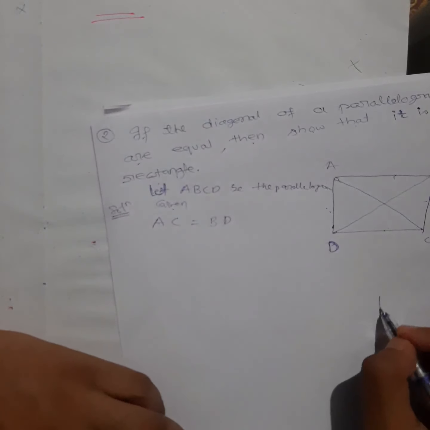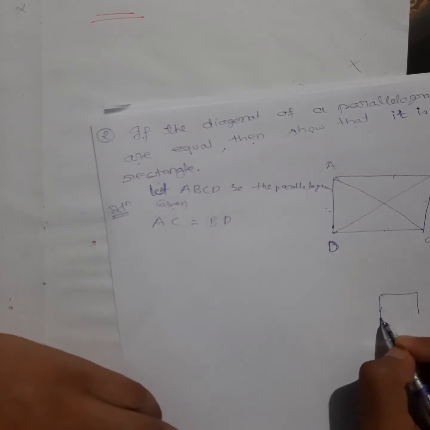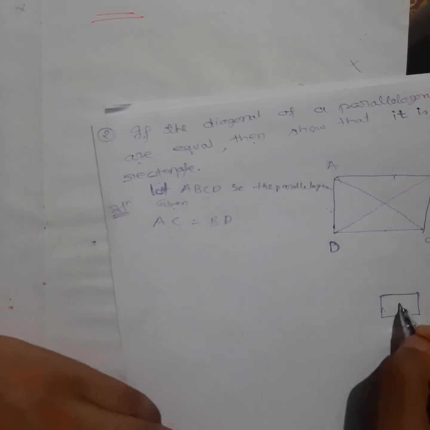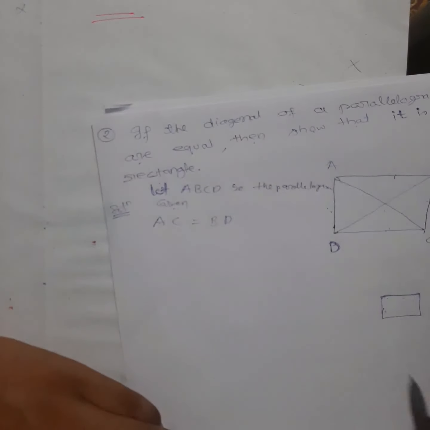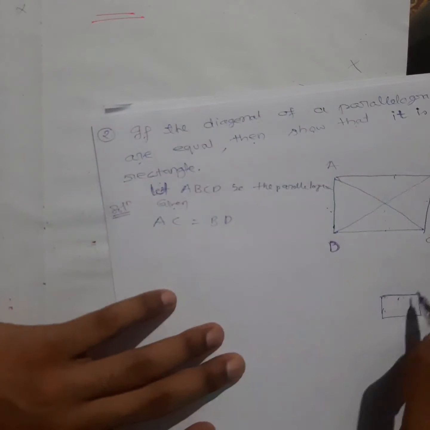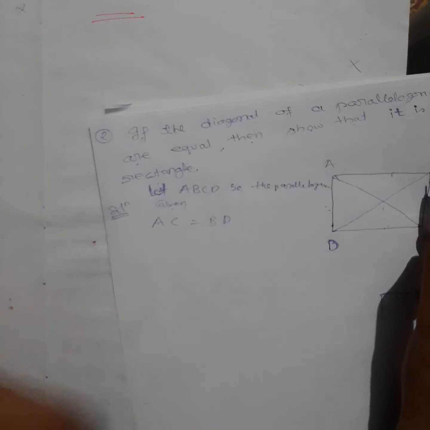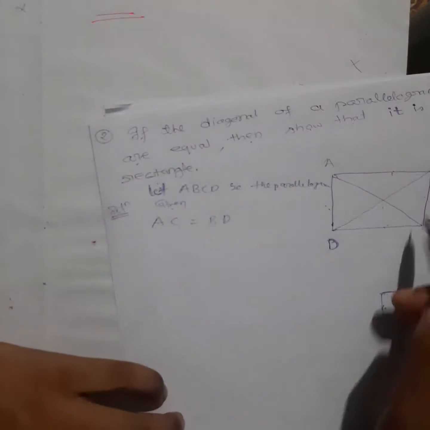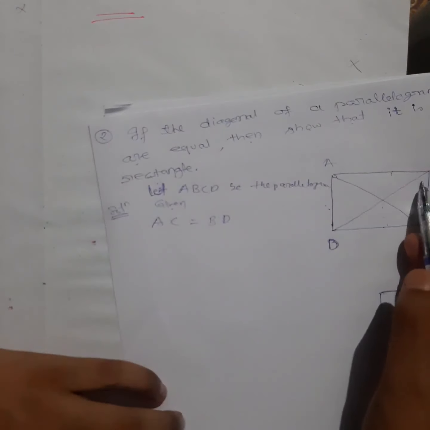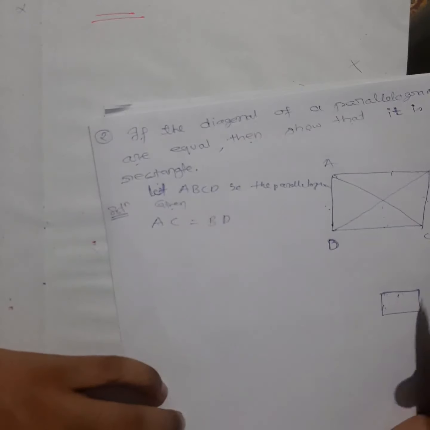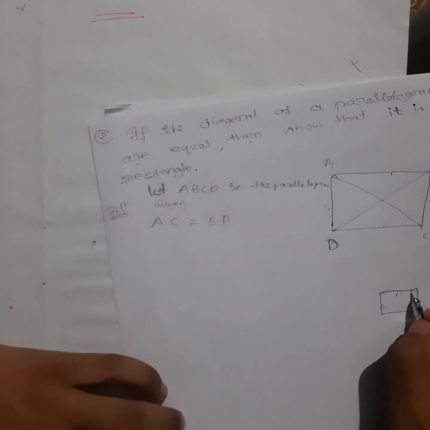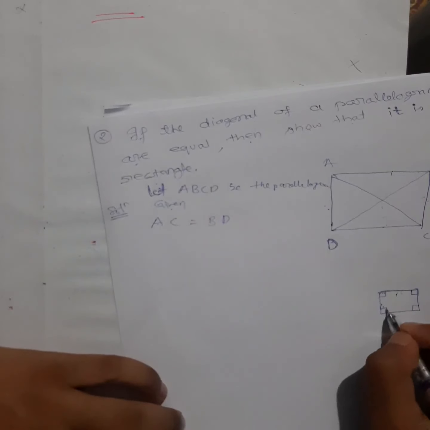Now we know, right, a rectangle is also a parallelogram, right? If it is a parallelogram, what is the difference between these two? The only difference is what? In a parallelogram, your angle may not be 90 degrees. It may be anything, this angle and this angle, right? Anything. But in case of a rectangle, it is obvious that it will be 90 degrees.